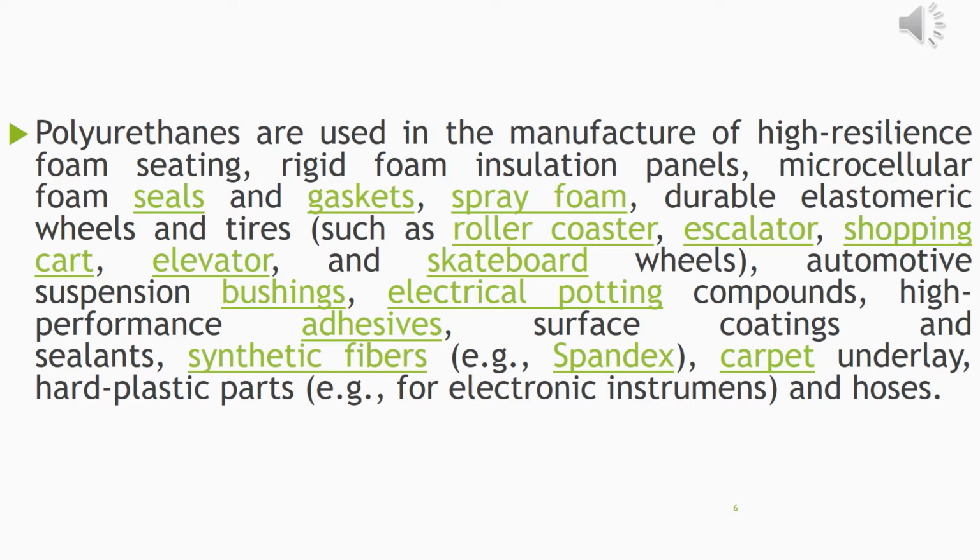Microcellular foam seals. These are the seals which are present in the devices and have to join the systems or mechanisms together by preventing leakage in, like, a pumping system, or so they exclude contaminations.